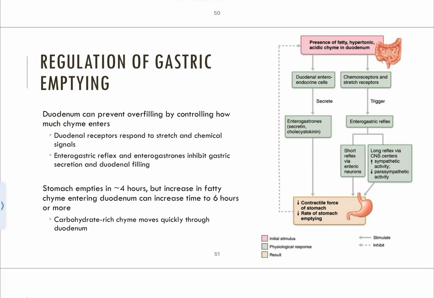So we're talking about control of emptying into the duodenum, or the small intestine. We have receptors in our duodenum called duodenal receptors that respond to stretch and chemical signals. And we have the enterogastric reflex and our enterogastrones that act to help inhibit gastric secretion and therefore duodenal filling.